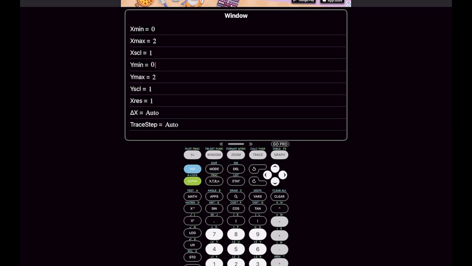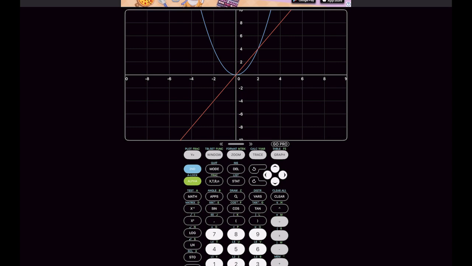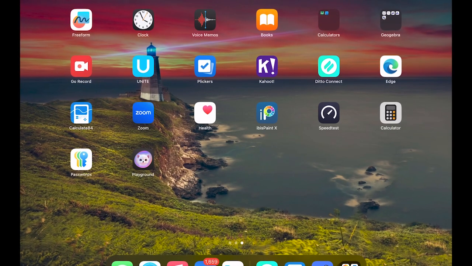So I'm going to make that negative 10, positive 10, negative 10, positive 10. And then just go to graph. And you can see the parabola. And then you can see the line passing through.